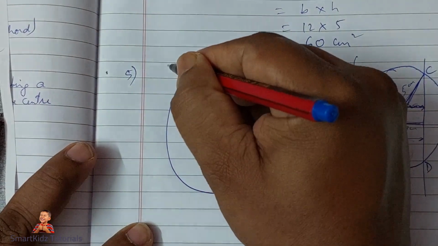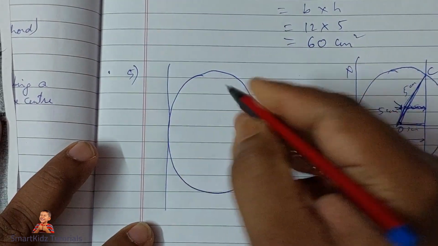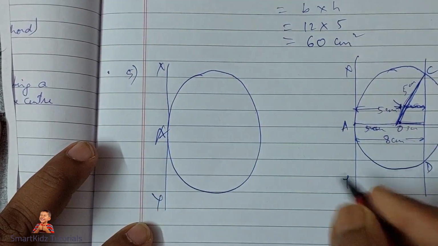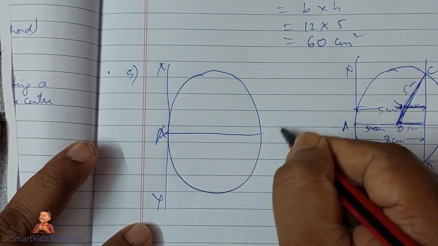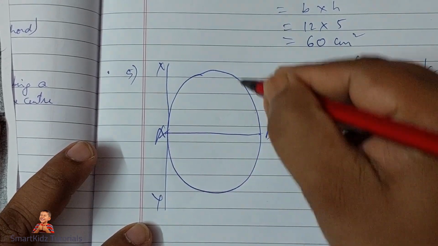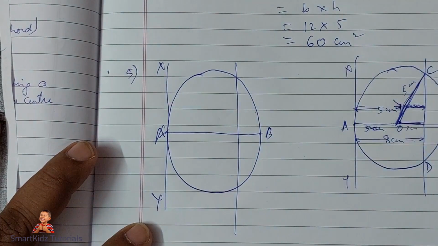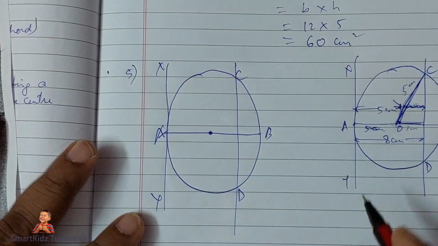Okay, that's the tangent. Sorry about that. Figure not very accurate. A, and here you have the diameter, see? And here you have the chord, which is CD. And the center will be here.